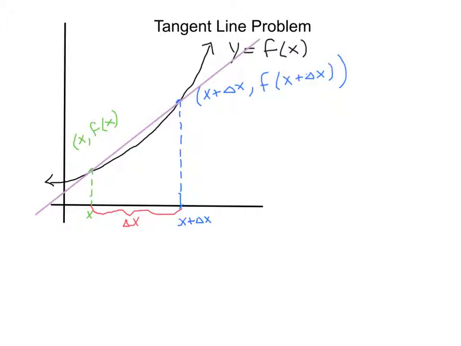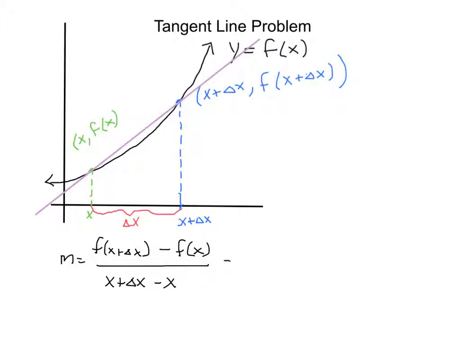What happens here is we're going to use these 2 points to find the slope of the line. Slope of the line is change in y over change in x. So my slope, m in this case, is going to equal the change in y, f of x plus delta x minus f of x, all over x plus delta x minus x.